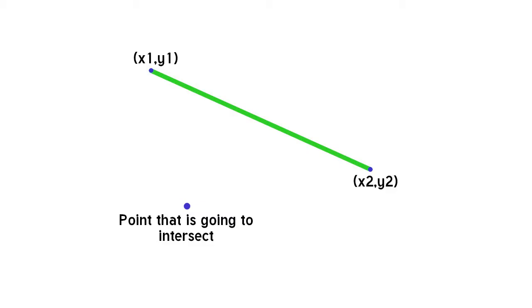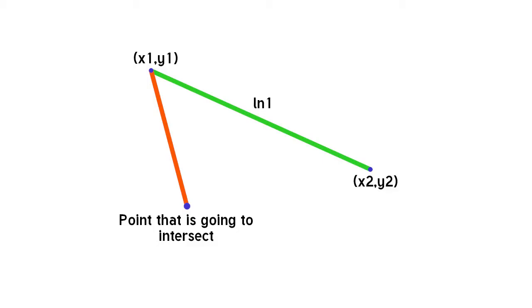Alright, let me explain the algorithm that we are going to use here. First off, get the length of the line segment that our point is going to intersect, also its endpoints. Let's name this line segment ln1. Then get the length of the line segment starting from the x1, y1 endpoint and the point that is going to intersect ln1.